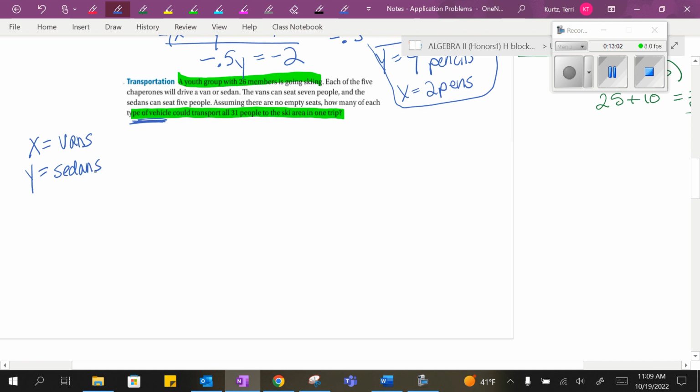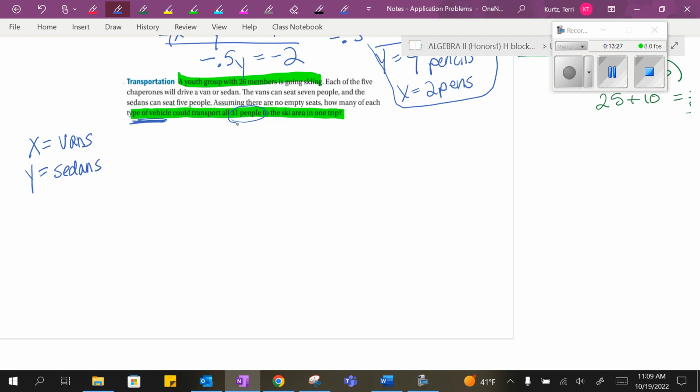Okay, so here we need to get 31 people to the ski area. So this question kind of divides up into how many vehicles we need based on our drivers, and how many people can sit in each van.